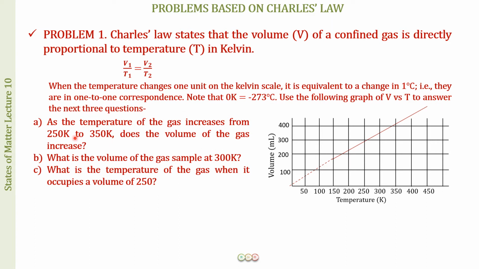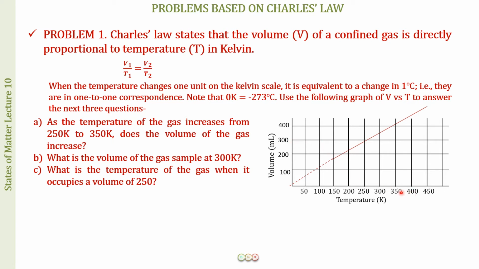The first question is, as the temperature of the gas increases from 250 to 350 Kelvin, does the volume of the gas increase? From the Charles law, you already know that if the temperature increases, the volume is going to increase. But can we see that on the graph? Let us see. 250 Kelvin is here. Just go up and see where it cuts the y-axis. It is approximately 300 ml.